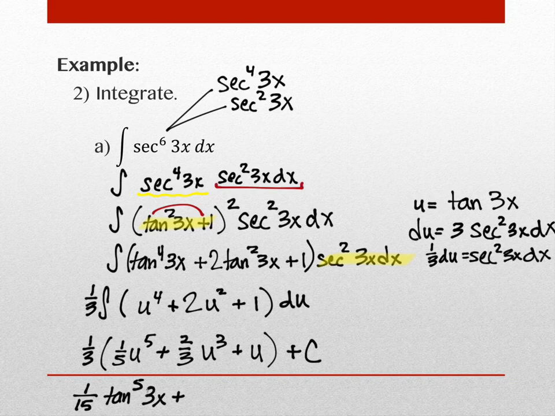All right, I have a 1/3 times a 2/3, which gives me a 2/9 tangent, we'll get the right power this time, to the 3rd of 3x. Plus, I have my 1/3, and then it's just tangent of 3x. And plus c. Okay, are we good?